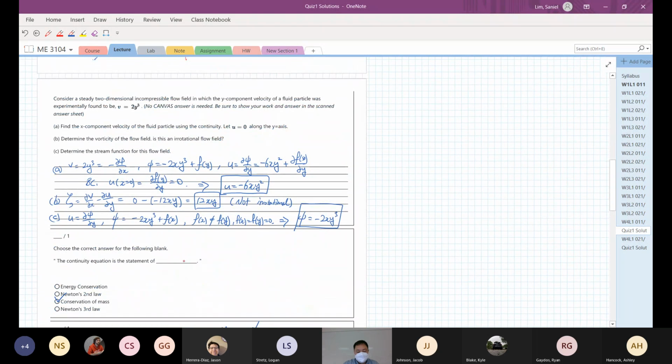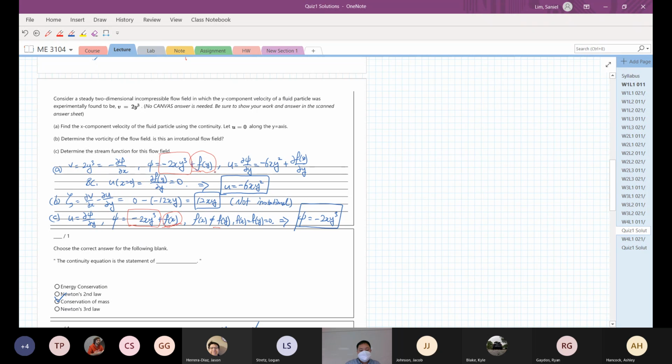Vorticity, stream function, pretty much obvious. Just a few students have an issue with the constant term here, the function of x and function of y. Basically you have the same components, -2xy cubed.